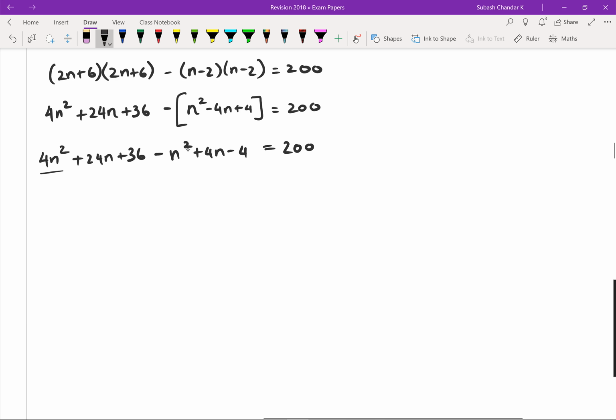Collecting like terms, we've got 4n squared and minus n squared, which is 3n squared. 24 and 4 makes 28. 36 and negative 4 is plus 32. And of course, I'm going to bring this 200 back to the left-hand side to make the right-hand side equal to 0. So what I have is a nice quadratic that looks like this: 3n squared plus 28n minus 168.